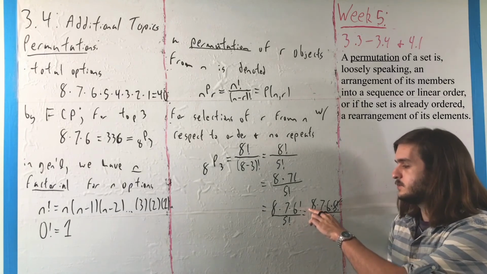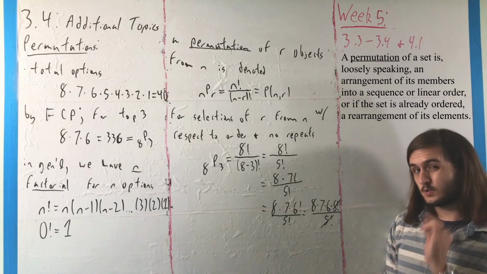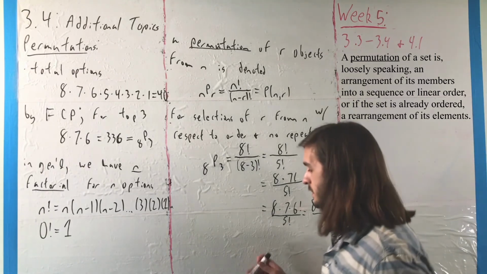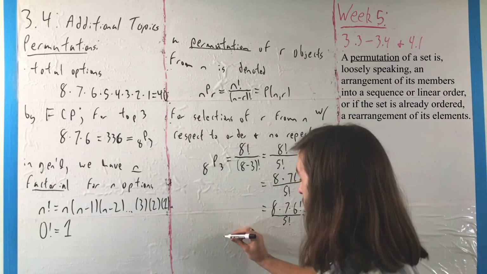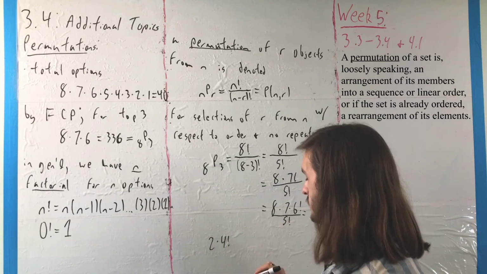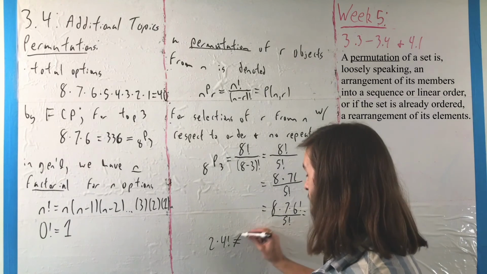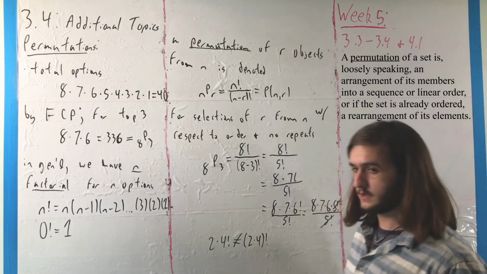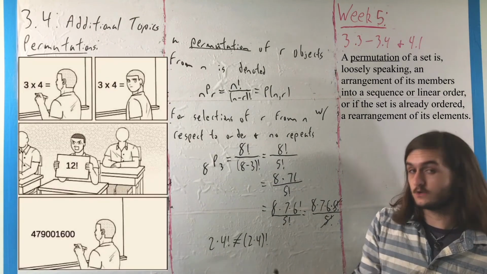When it comes to permutations and factorials, there's one really important thing that you should understand. In general, if we're talking about something like, let's say, 2 times 4 factorial, this is a very different value from 2 times 4 quantity factorial. And in general, this value is considerably larger.